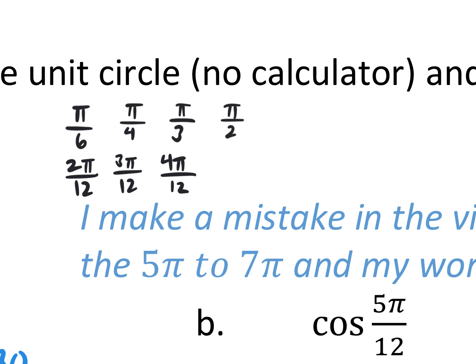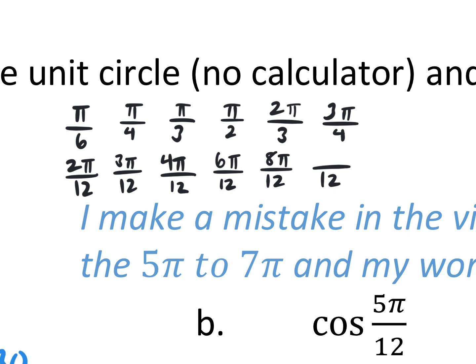Pi over 2, 6 pi over 12. 2 pi over 3, 8 pi over 12. 3 pi over 4, 9 pi over 12. And then 5 pi over 6 gives us 10 pi over 12. Do we agree with all those? Did I make any silly mistakes up there? Okay.